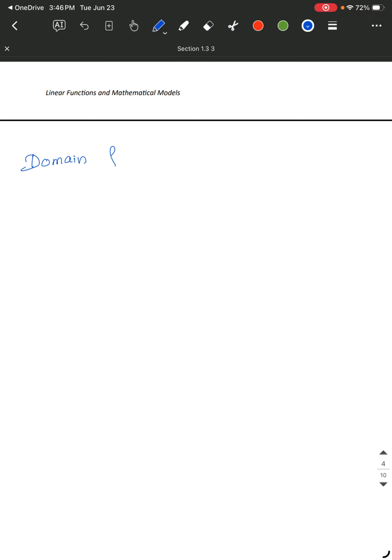Domain and range. So when studying functions, two important concepts are domain and range. The domain is the set of all possible input values.